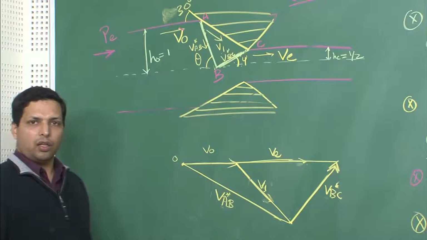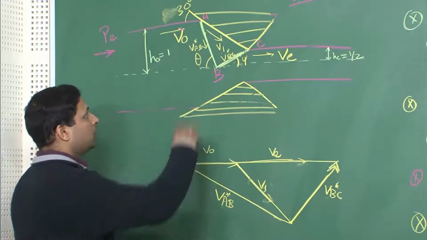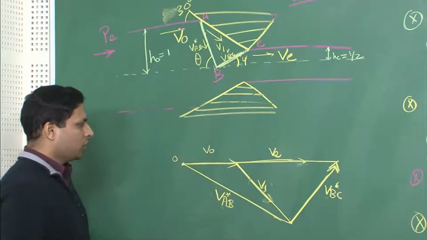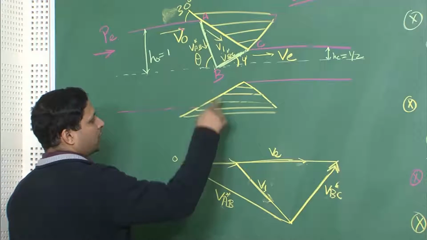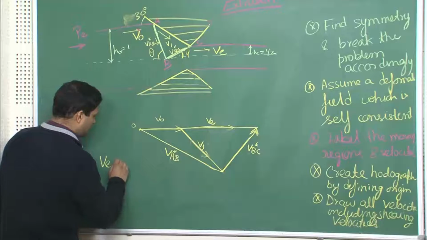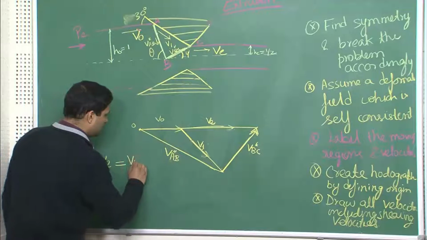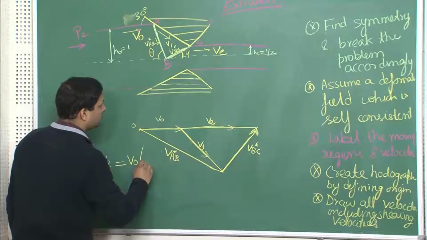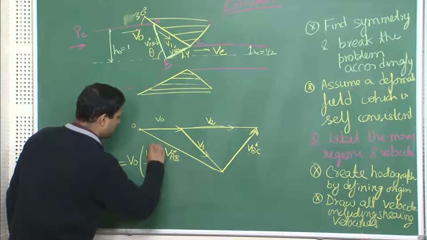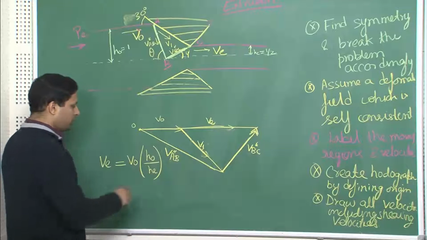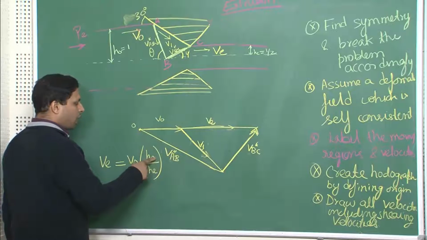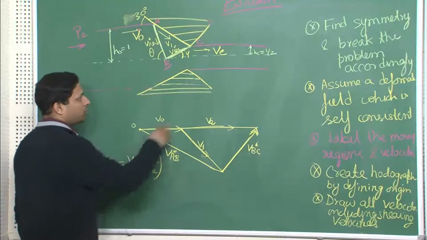As a cross check, if you are given some exact numbers for 30 degrees theta and psi, you would expect that VE is equal to V0 times H0 by HE, right, because if HE is half of H0, then V exit must be twice.